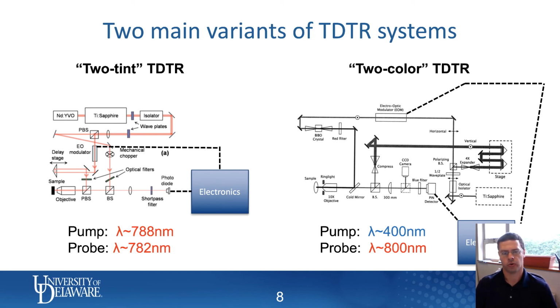In general, historically, the two-tint system was invented first, I would argue, and then the two-color variant of time domain thermoreflectance came along just a little bit later, and also has about equally wide usage. So I'll try and cover both of these systems, but for the moment I'm going to walk through how a two-tint time domain thermoreflectance system works.